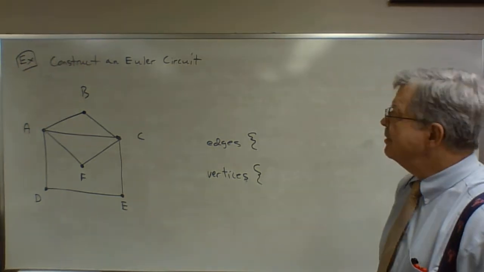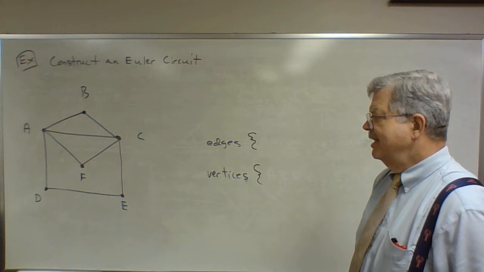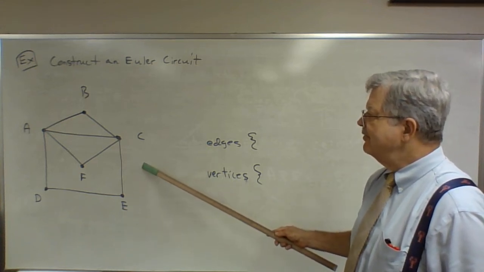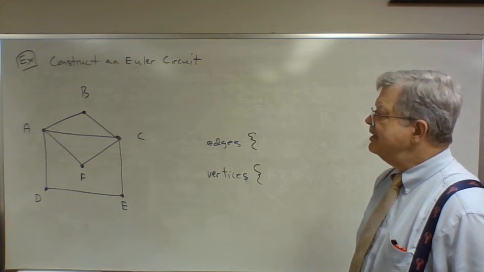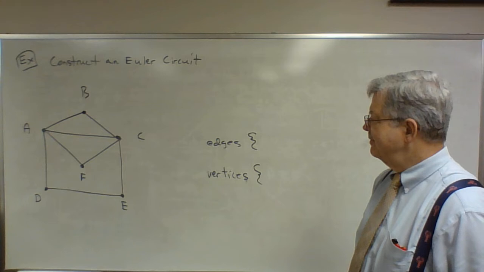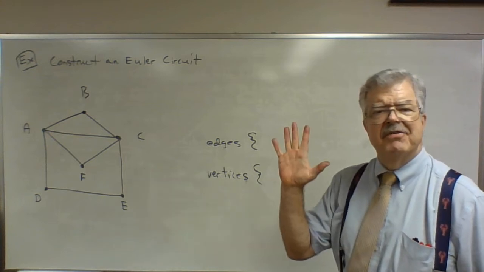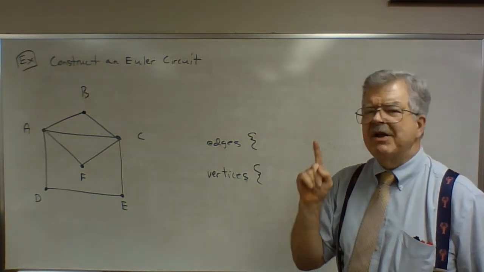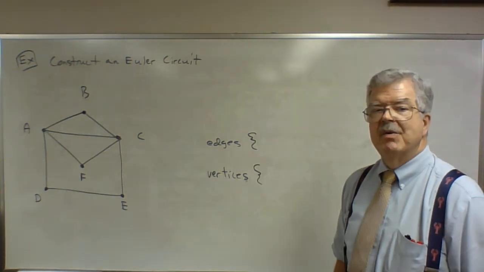Here's another example. Construct an Euler circuit. This is a little bit different than what we had before. We have 6 vertices, A, B, C, D, E, F. And when we only had 5 vertices, A, B, C, D, E, I couldn't even draw an Euler path, never mind an Euler circuit.